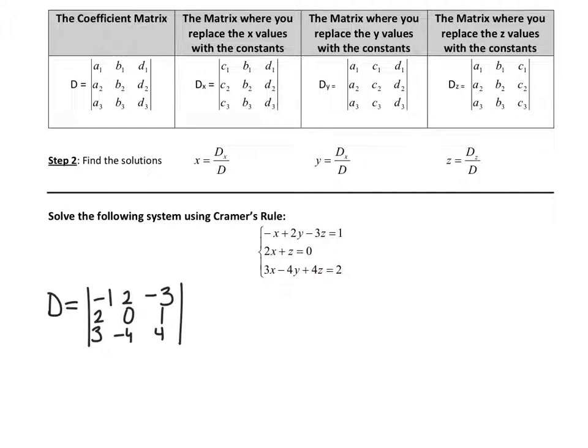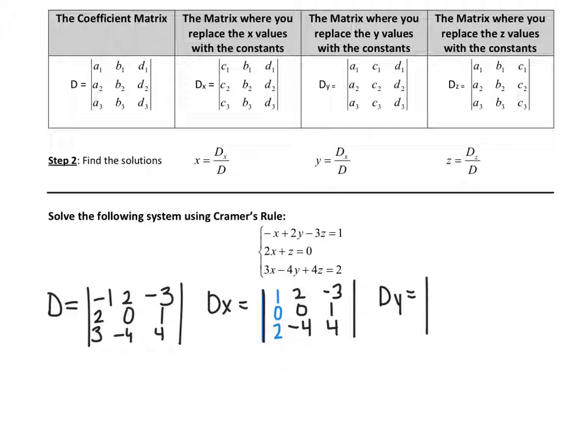Now, if I want to find d of x, I'm going to replace the x value column with the constants. So we're going to have 1, 0, 2, 2, 0, -4, -3, 1, and 4. And if I want to find d of y, I'm going to replace the y values.